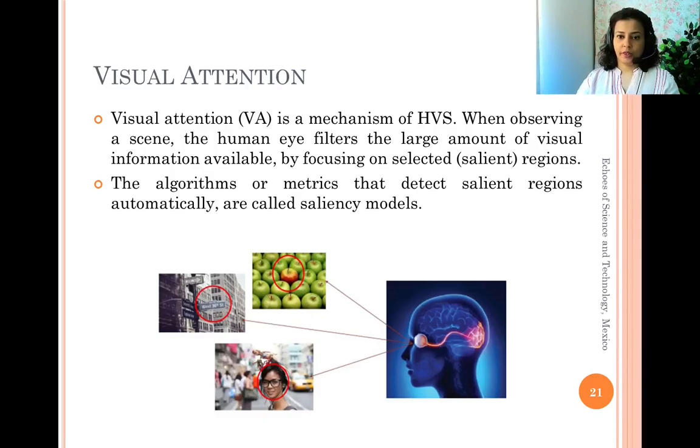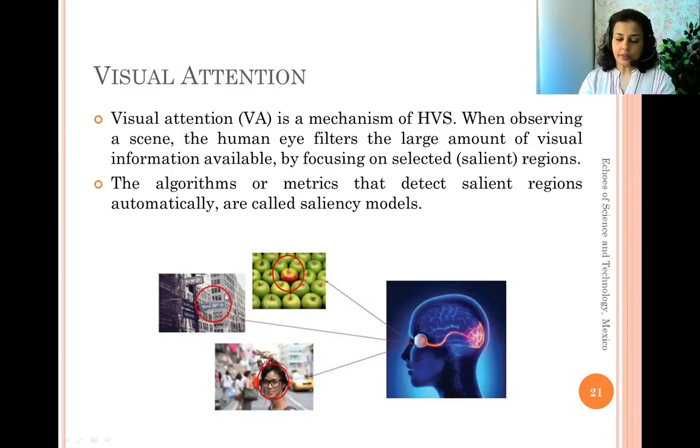Now, why are we discussing visual attention in the topic of visual quality assessment? For example, if I show you a picture that has a face or a text and I ask you to look at it and recognize it or read the text, but the region around the text or face or the region of interest is distorted and you cannot describe it or read the text, you will feel annoyed.